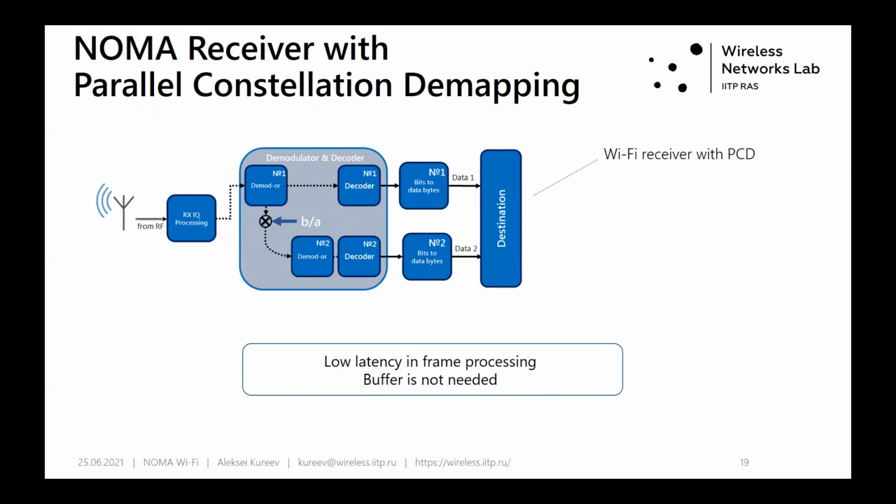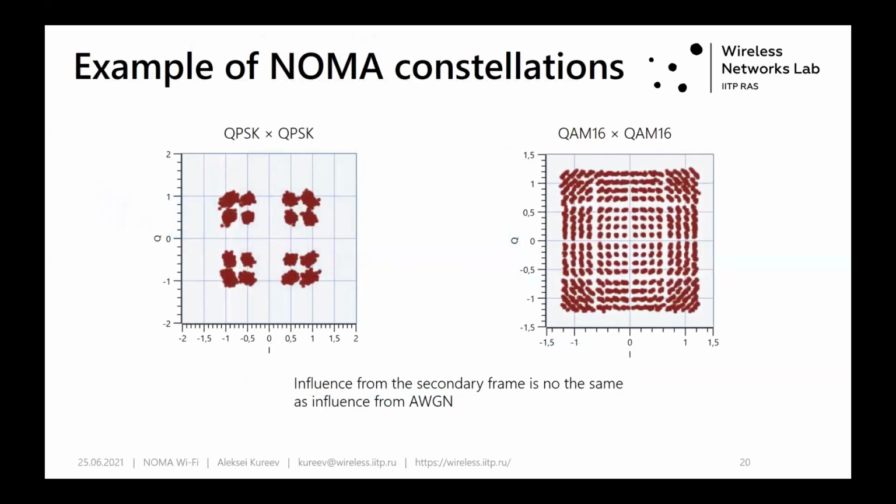And this scheme is simpler. So we don't need to use the buffer to store all these IQ samples, and we decrease the latency in frame processing. And this scheme allows us to implement NOMA in Wi-Fi, and we actually implemented this scheme in our prototype.